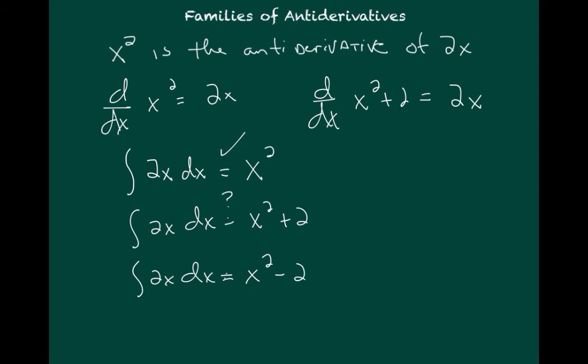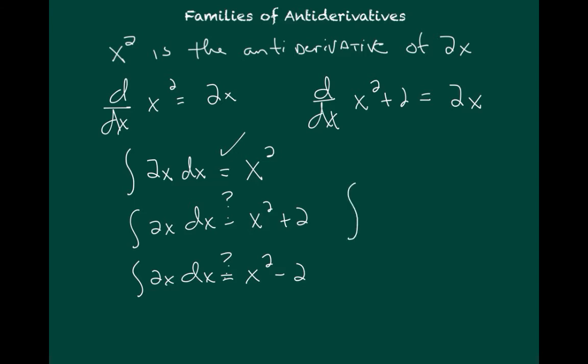See, it's really unclear because the constant in each of these cases drops out. When we take the derivative, the constant has a slope of 0, and so it drops out. So what we say instead is that we have a family of antiderivatives.